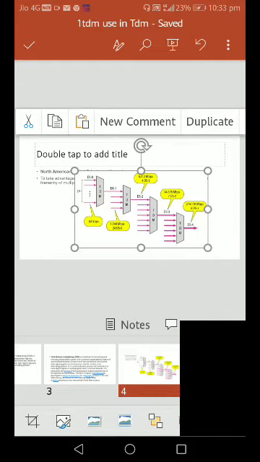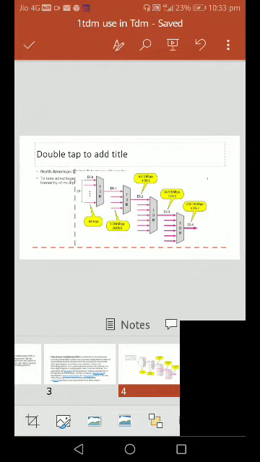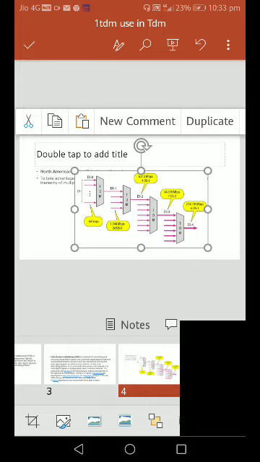Each individual signal is DS2, into 7. Then we get the output of DS3, and the bandwidth increases to 44.376 megabits per second.